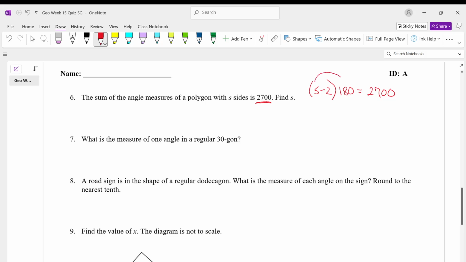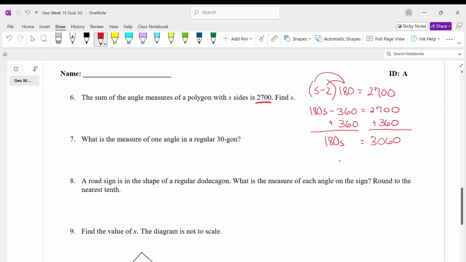So we've got to do the distributive property here. S times 180 is 180S, minus 2 times 180 is 360, and that's equal to 2700. Going to add 360 to each side. And 180S is equal to 3060.